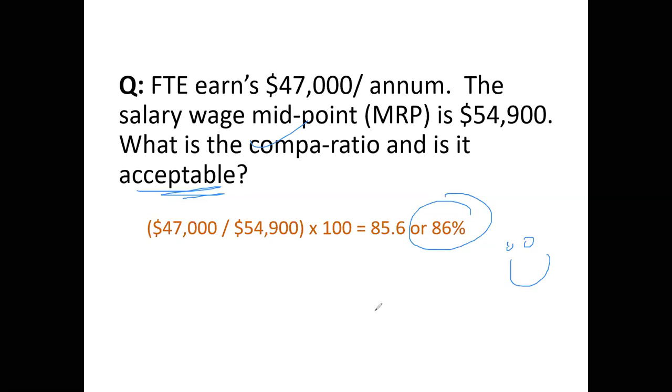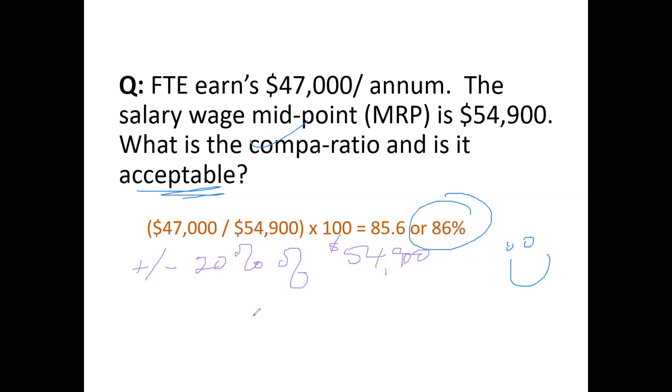The reason why this is acceptable, again, is because you can be plus or minus 20% of the mid-range point, which in this case is 54.9. So in other words, put even better, if ever you're faced to calculate a compa ratio, and by the way, I saw this on the SHRM-CP in my exam, so very plausible, I guess, to my experience.